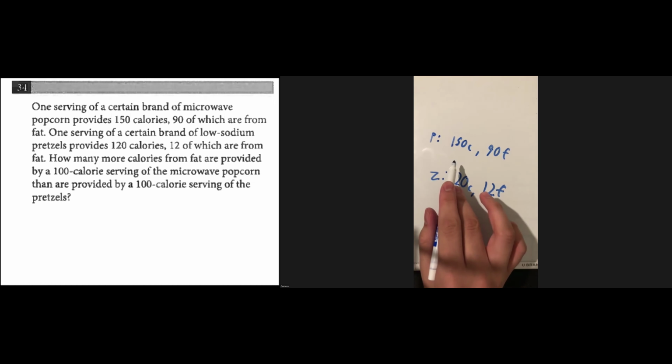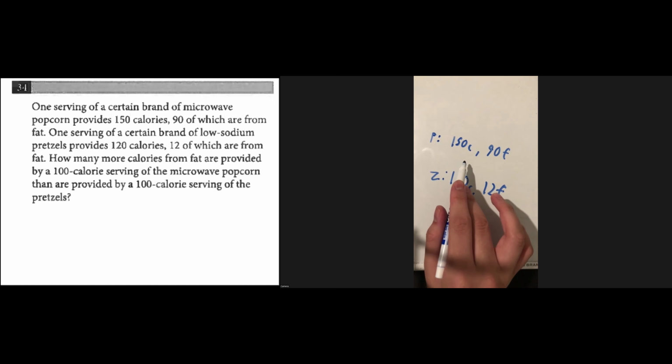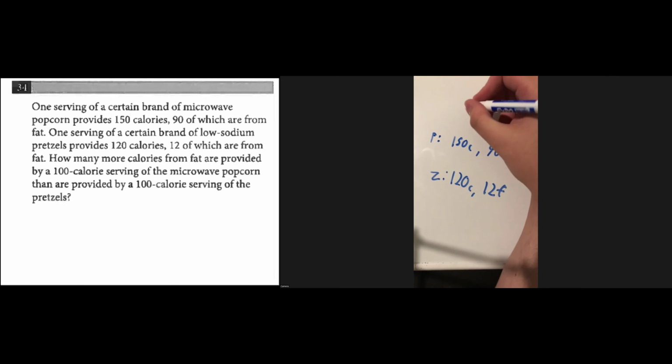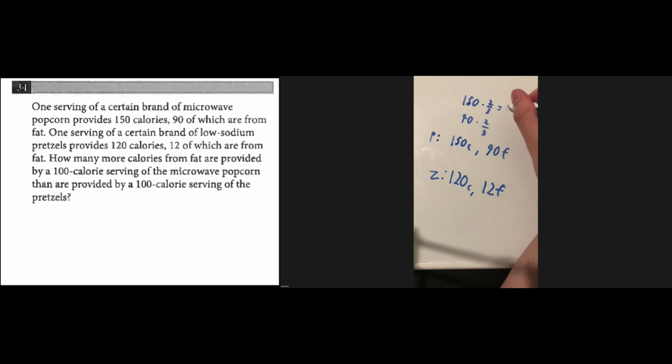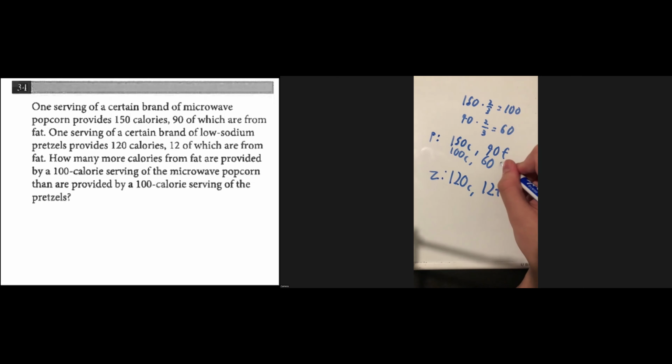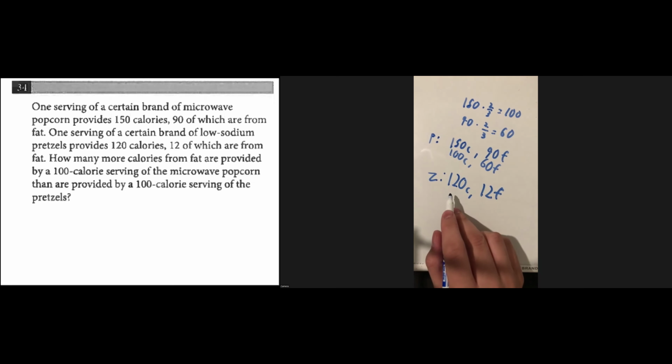And so 150 calories, to get that to 100, you'd basically divide by 3 times 2. So times 2/3, so 150 times 2/3 is 100. So 90 times 2/3 is equal to 60. So if you have 100 calories of popcorn, you'd have 60 calories of fat. And then we do the same thing for this.